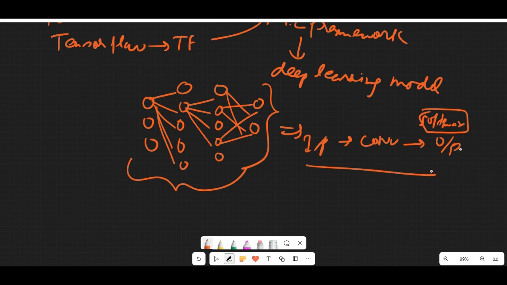So this whole architecture can be written using PyTorch and TensorFlow. TensorFlow is created by Google, whereas PyTorch is created by Facebook, Meta. Both are open source, and you can create your deep learning model using these, and then train on some data.